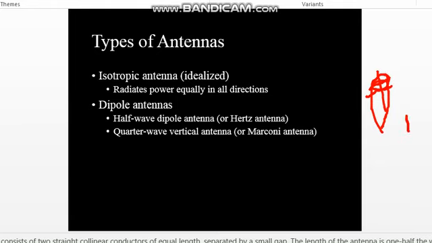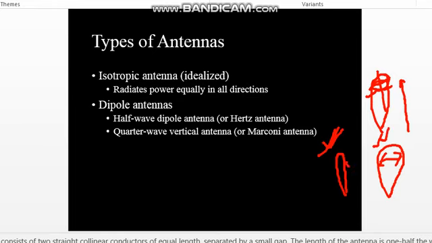If you see the two lobes, one has a larger width, and the other has a very small width, which is more directive. This radiation pattern is more directive because it is quite similar to the quarter wave pattern. Its half power bandwidth is smaller, so it is more directive.